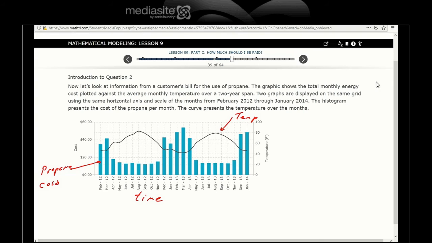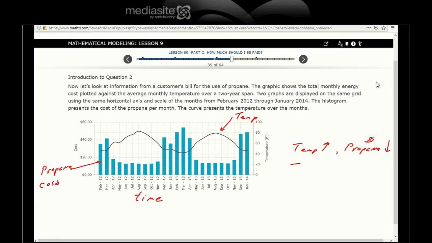But let's look for some patterns. Okay. It appears when temperature is high, propane cost is down.